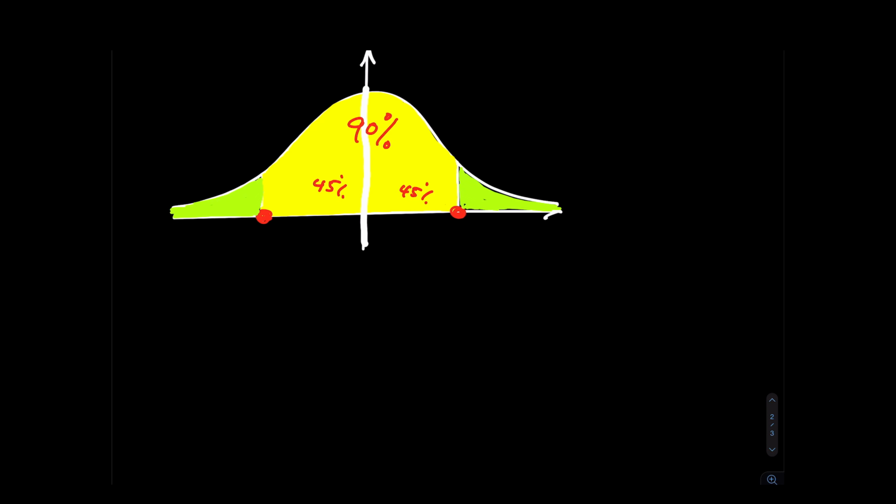So the two green areas I've shaded on both ends of the normal distribution, and they don't call them ends, by the way, they call these tail areas. There's a name for it, which I will share with you. That's why I'm doing this. So if the inside is 90%, then the two tail areas, both of these, will be 10%, correct? Because the whole thing is 100. If the middle is 90, then whatever is left is 10%.